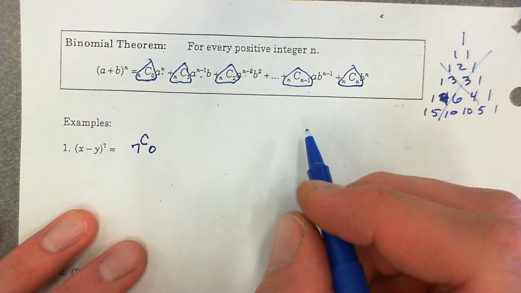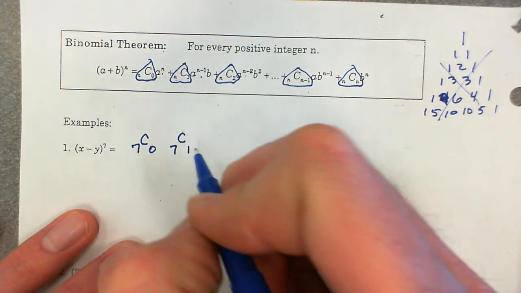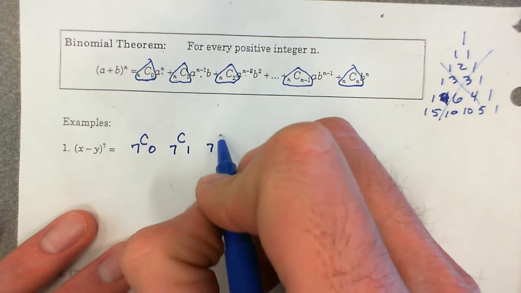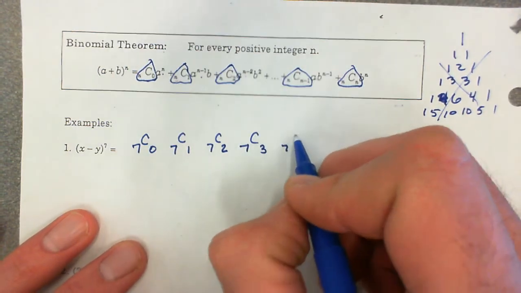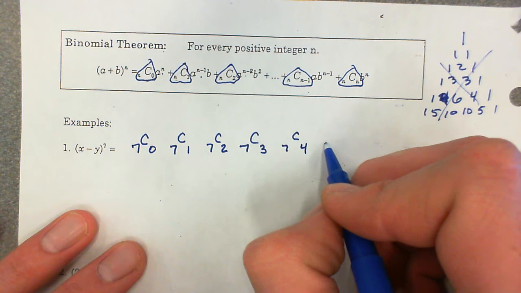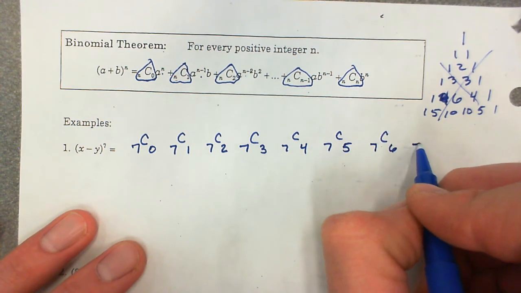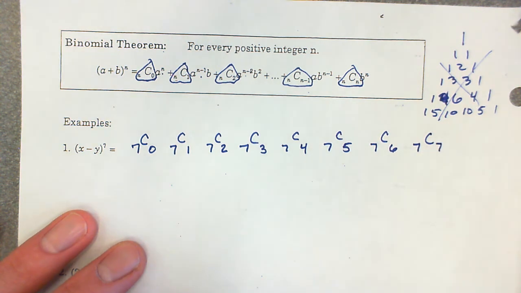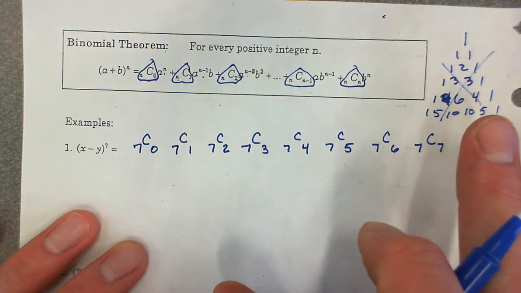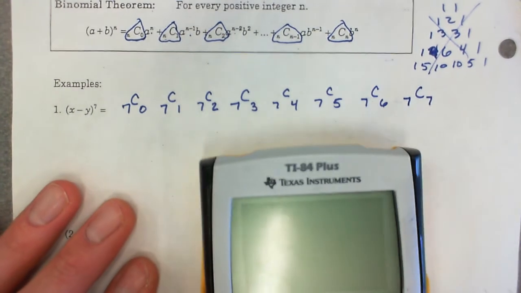That should generate the very first number off the triangle for us. The next number is going to be 7 combinations of 1. Then 7 combinations of 2, 7 combinations of 3, 7 combinations of 4, 7 combinations of 5, 7 combinations of 6, lastly 7 combinations of 7. So this, plugged in your calculator, will get you the row right off of the triangle.